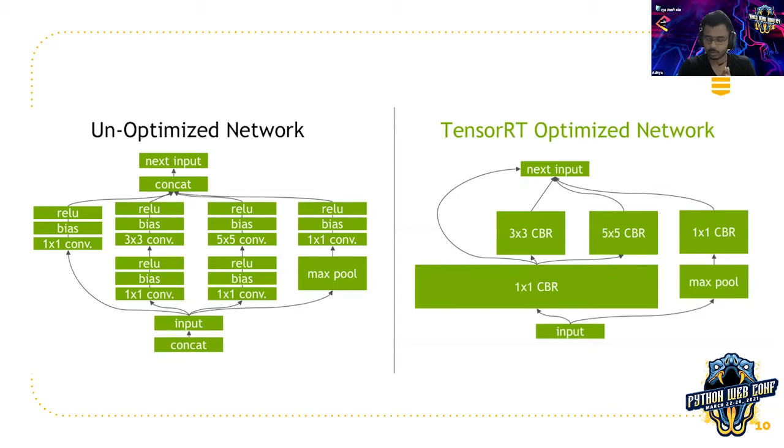You will get almost the same accuracy. And TensorRT also eliminates the need for concatenation layers by pre-allocating output buffers and writing into them in a sliced fashion. So you absolutely eliminate concat layers.